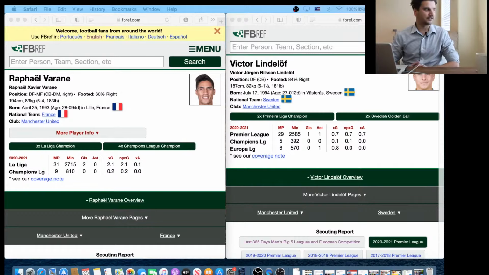The first thing that is obvious and clear is the height. Varane is 6'4" versus 6'1" for Lindelöf. So from an aerial point of view, that's going to be tremendous.